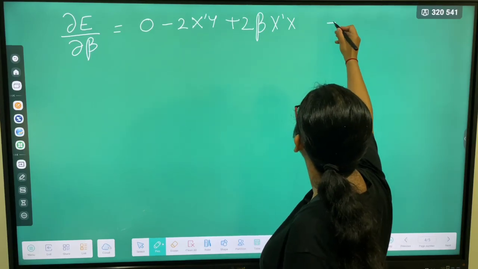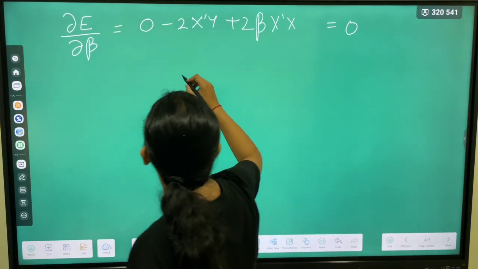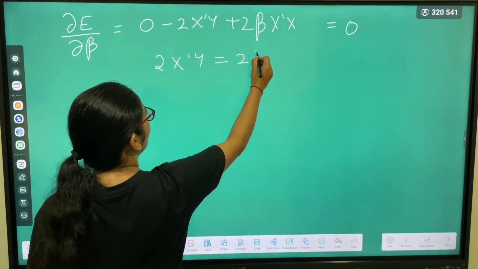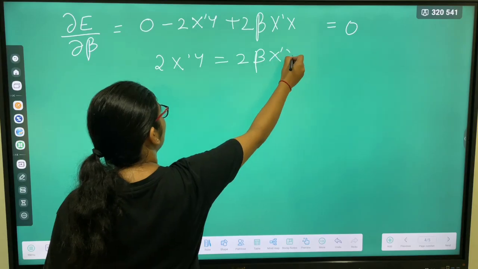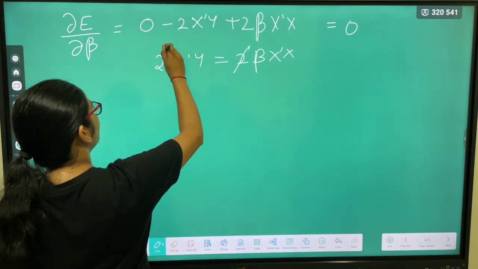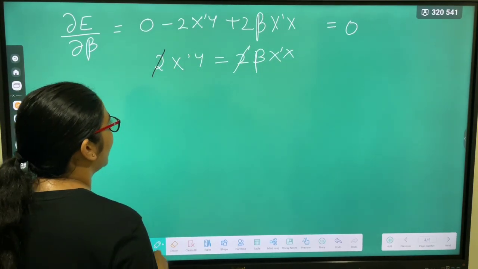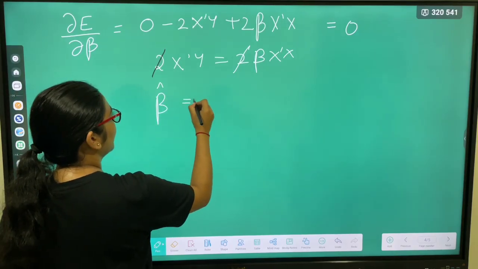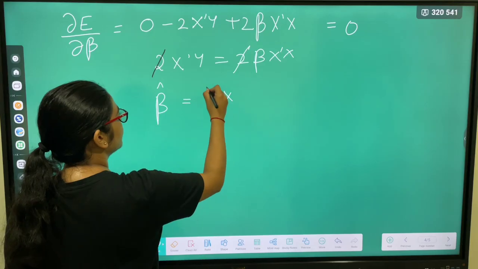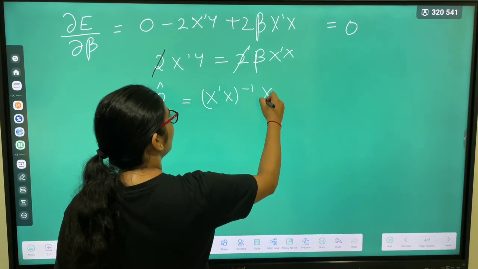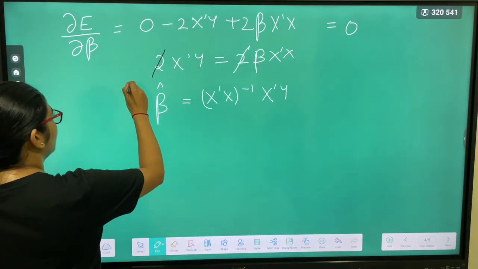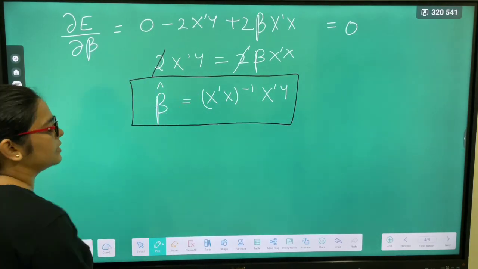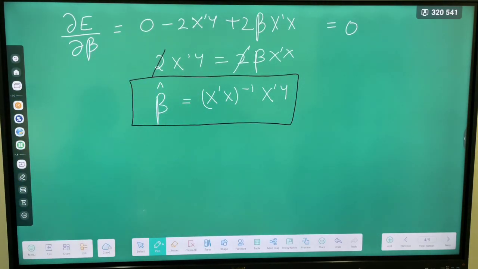Now putting this normal equation equal to 0, we will get 2 x dash y is equal to 2 beta x dash x. Here 2 and 2 get cancelled and we will get the estimator of beta, beta cap, equal to x dash x inverse into x dash y. This is the estimator beta cap.